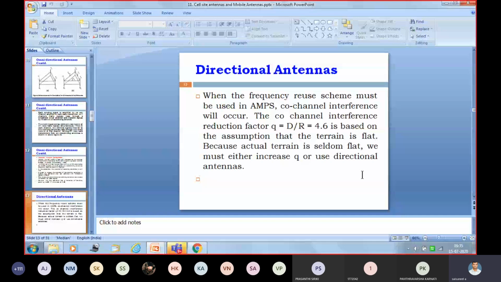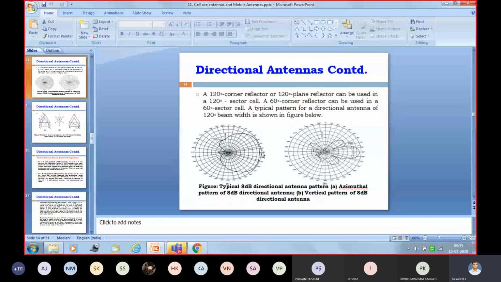The second one shows the main lobe. From this direction, we have to use the directional antennas. This is the horizontal pattern, and this is the vertical pattern. Here, we have to go for the directional antenna system.